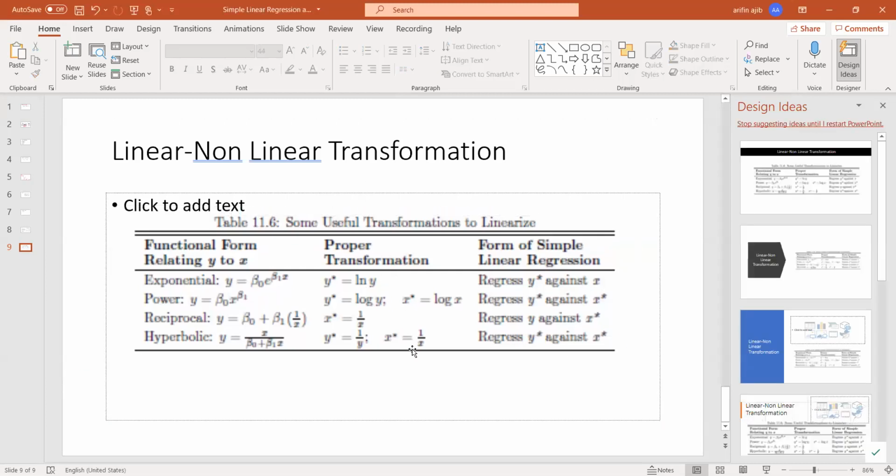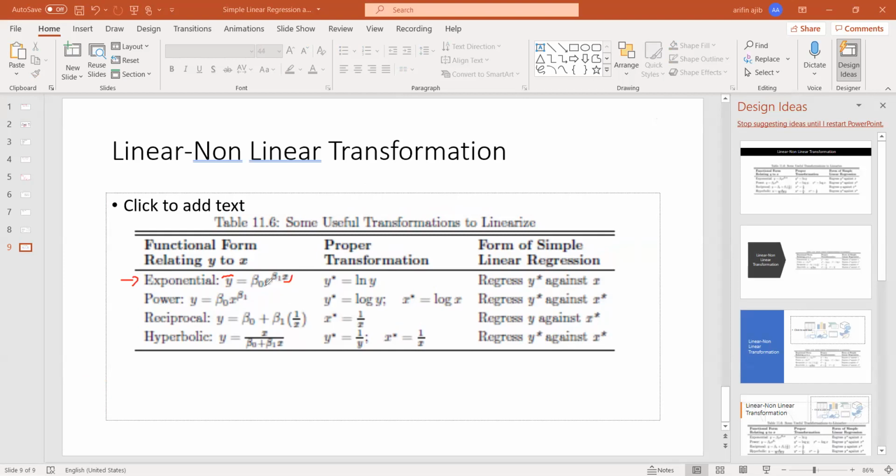So you can see here from my screen that, for example, first is the exponential function or exponential formula. You can see this is y and this is x, and it looks non-linear.